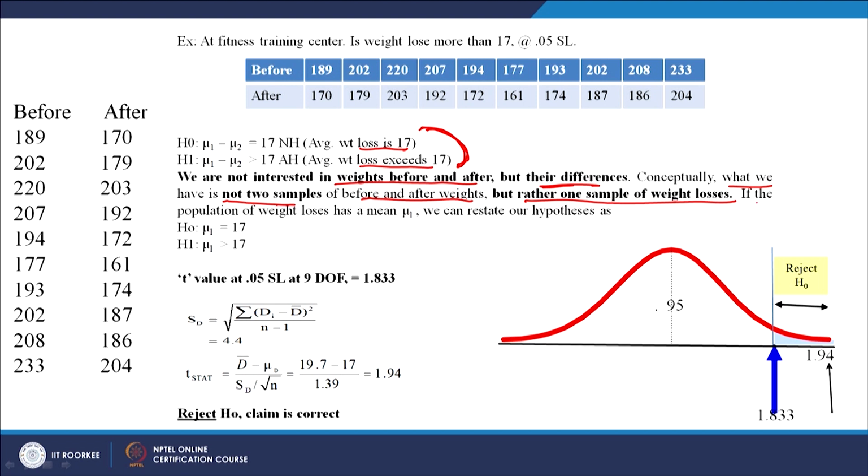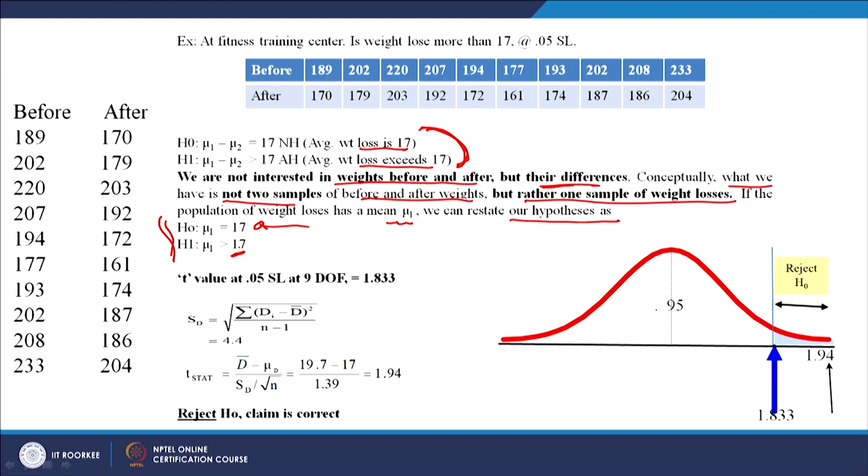So, we can rewrite these hypotheses like this. If the population of weight loss has mean mu d, we can restate our hypothesis as: mean weight loss is 17, against mean weight loss has gone up, or it is more than 17, right.